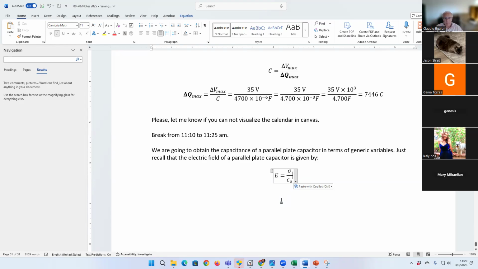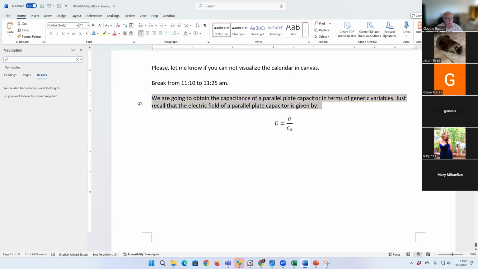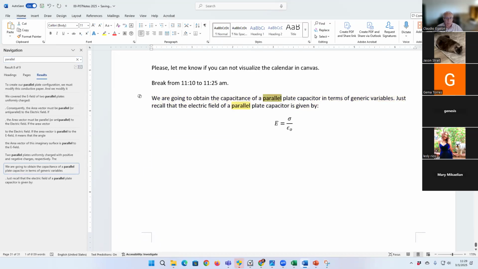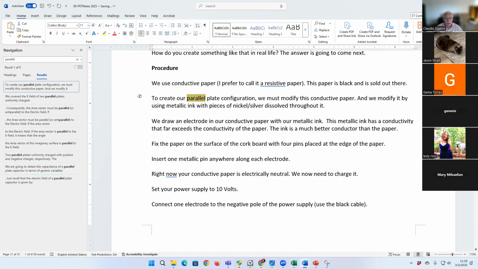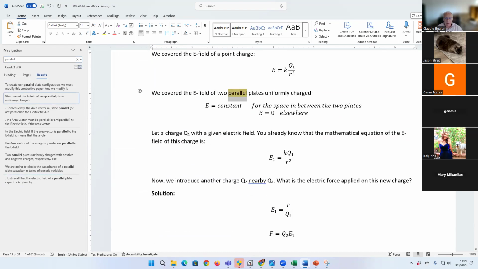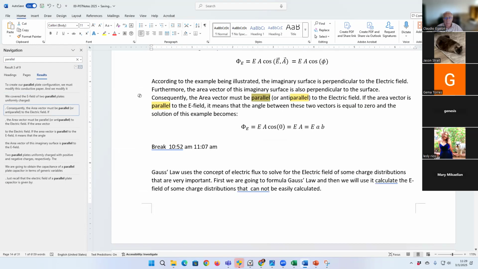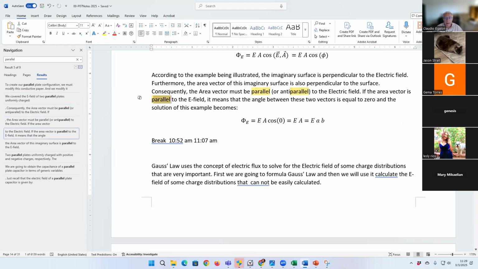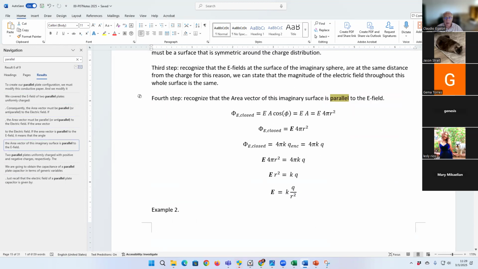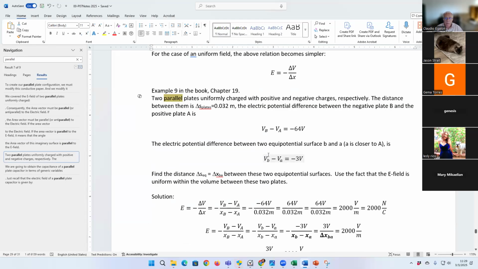Two parallel plates, right? I made a derivation of that, right? Let's see if I can find it. Yeah, we're getting there. Let's see. No, it's not here. Let's see.